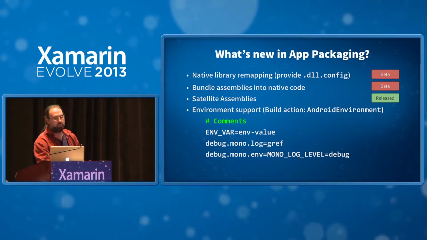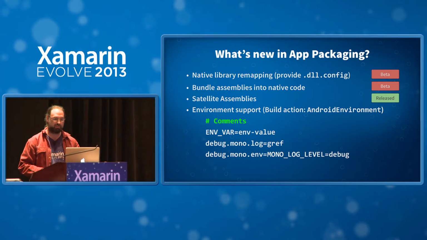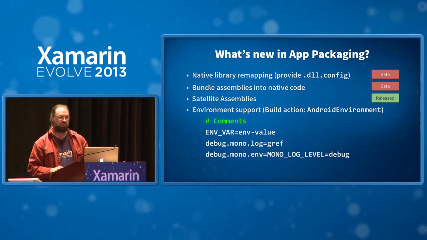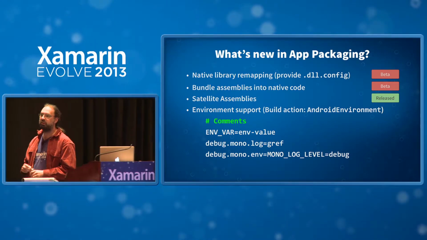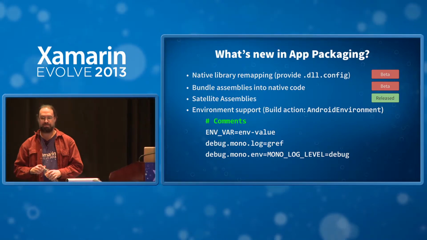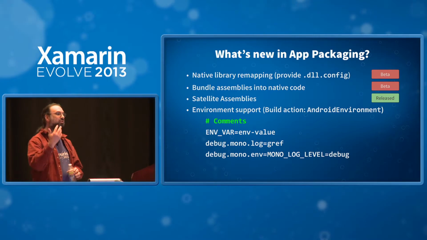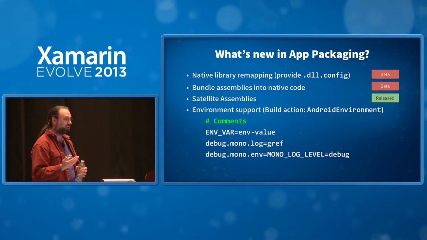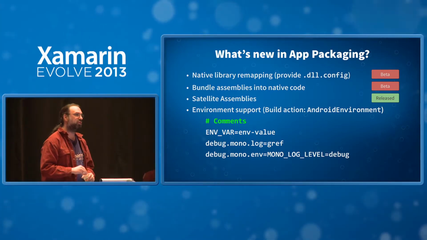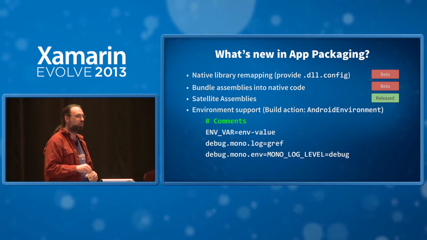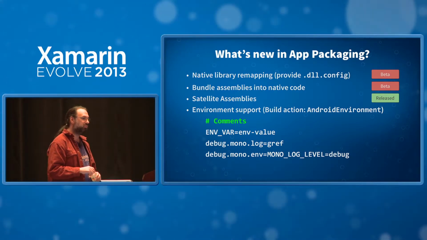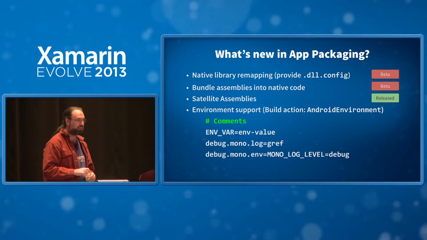We are introducing support for native library remapping. So if you have a regular P/Invoke, a regular DllImport, and you need to reference a shared library name, very often the code that you are using will be using the Windows library name, which may or may not be appropriate.